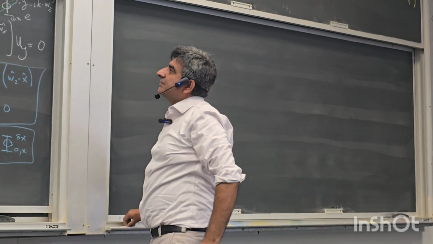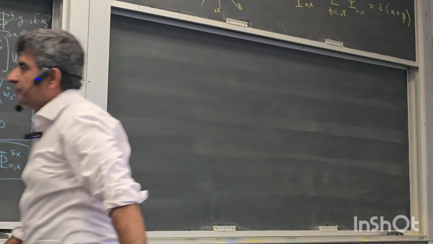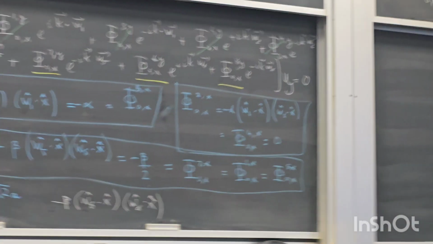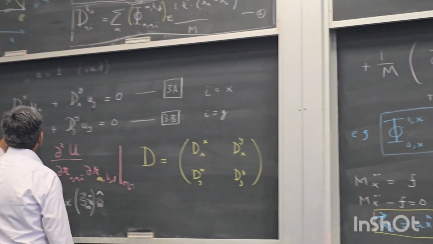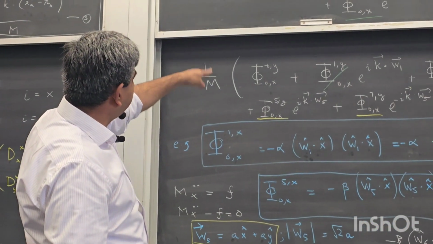so now let's write down the dynamical matrix on its own. So what we're going to do now is write down these dx's. These dx's are the sum of all of these phi's.